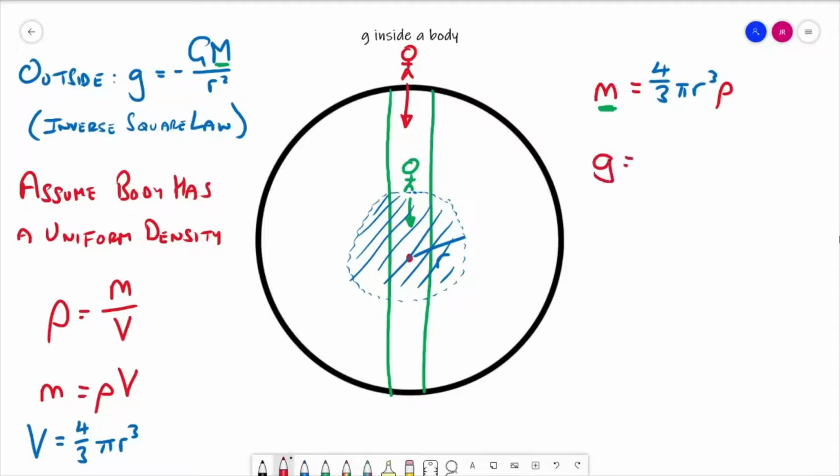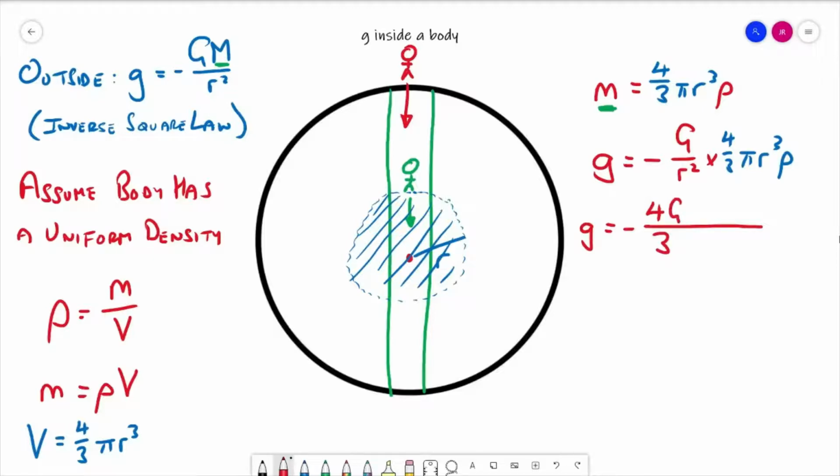So g is equal to minus, well, we've still obviously got the G over r squared bit, and we're going to multiply that by our substituted value, which is 4/3 pi r cubed times rho. Now when we tidy all of that up, we're going to end up with the following: minus 4, I'll just put the 4 over 3 in there so we can see where that 3's gone as well.